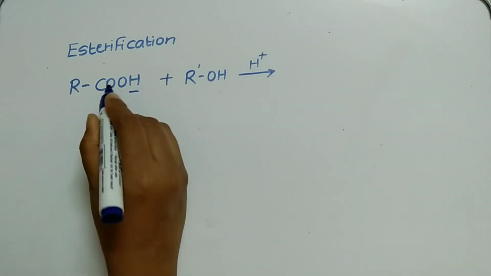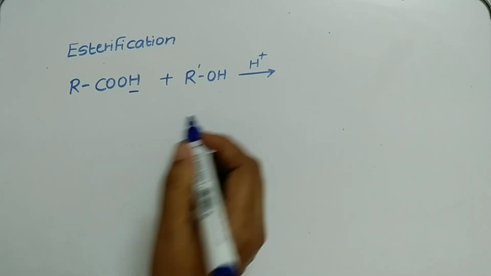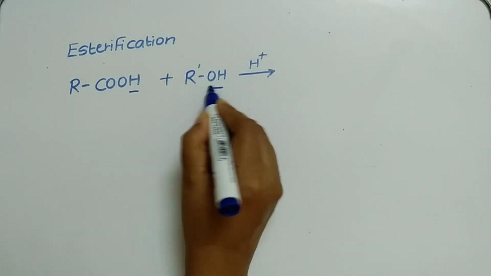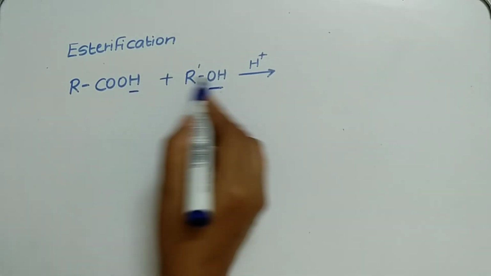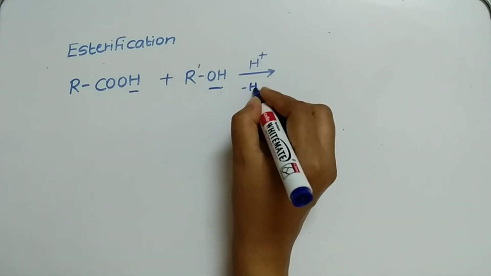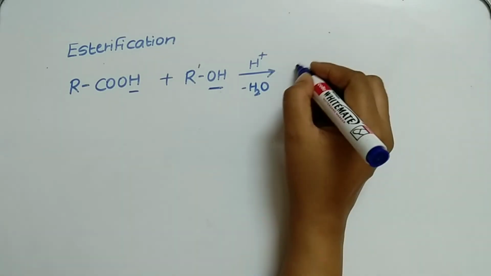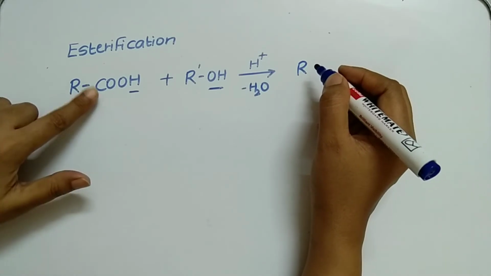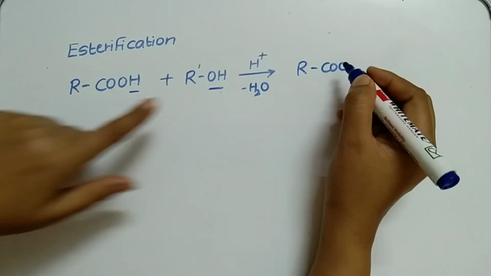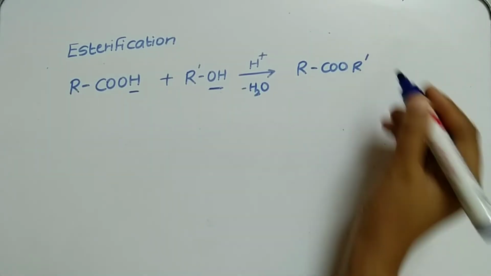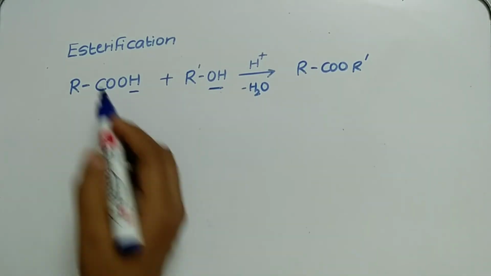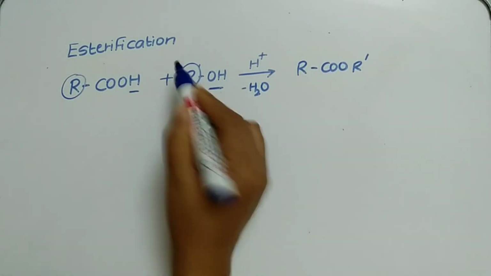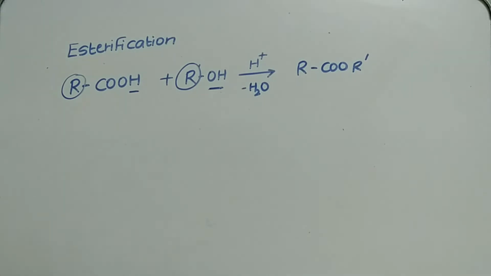Now how is this mechanism? Hydrogen will be given by the acid. We know acids will donate hydrogen. Alcohols, it is giving OH. So what is removed over here? Water. What is left over here? R. Write down this as COO and this R dash. Why have I written it as R dash? Because this R and this R can be same, it can be different also.